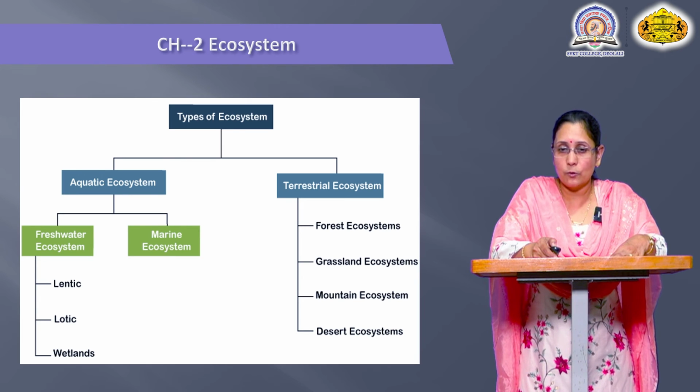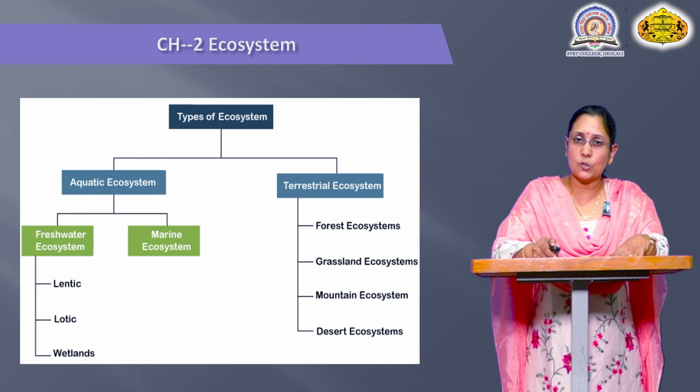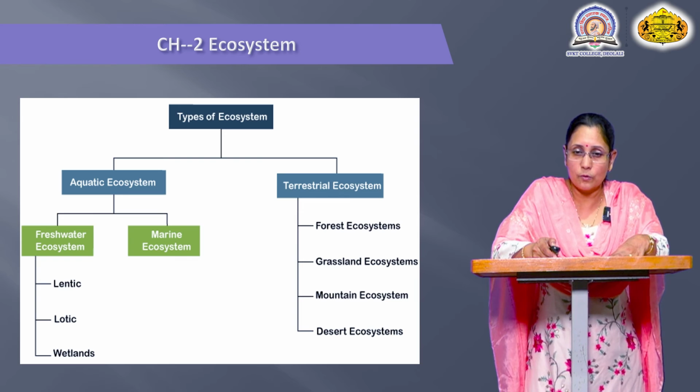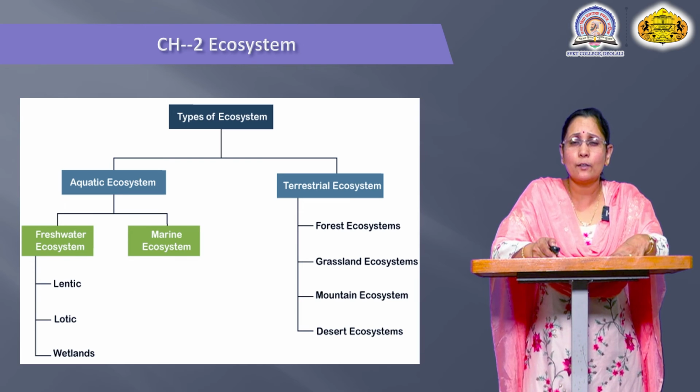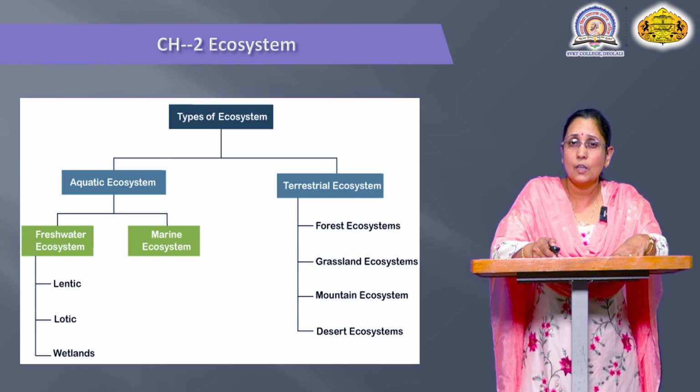Then the terrestrial ecosystem, or land dwelling organisms. The forest ecosystem is the first one included in the terrestrial ecosystem, where we will try to understand the environment and the organisms, which type of pyramids, flow of energy, etc. occur in the forest ecosystem. Then second is the grassland ecosystem.